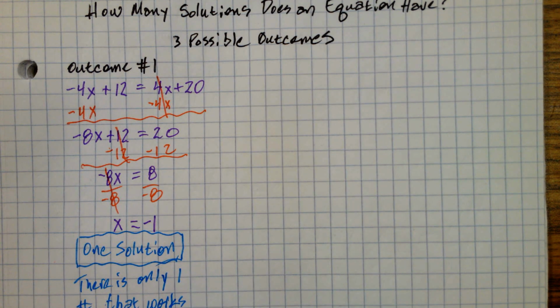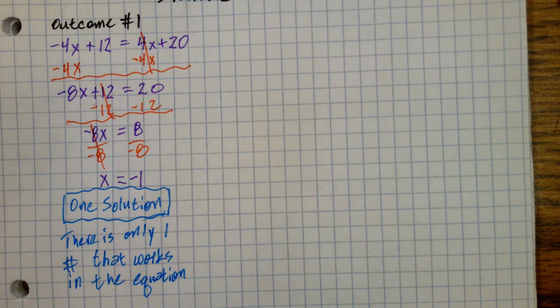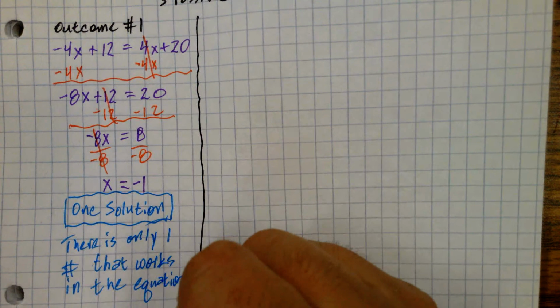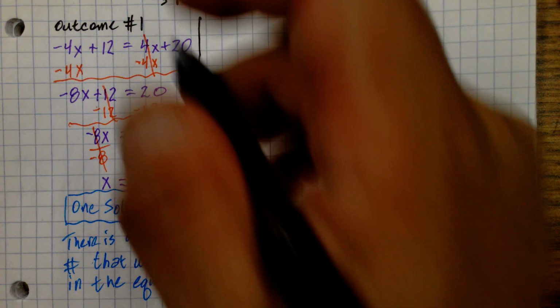Okay? So this is what happens when we have one solution. You just get an answer. That's it. And normally that's what we do. More often than not, we're just going to get a single answer. You may be asking, well, what are the other possibilities? Let's look into that.